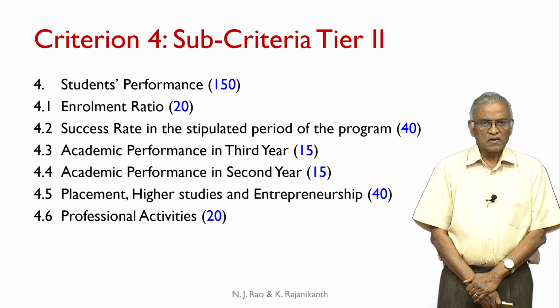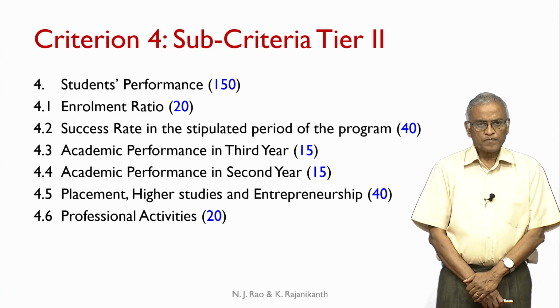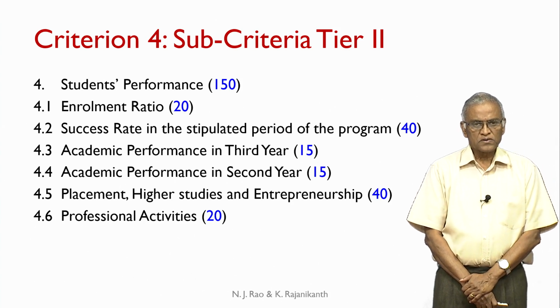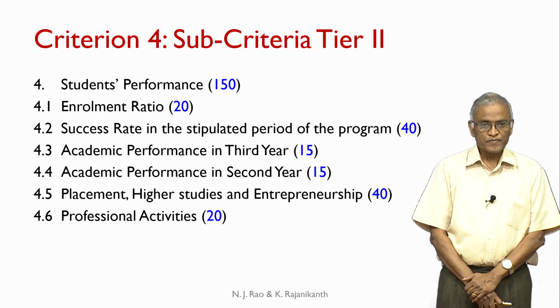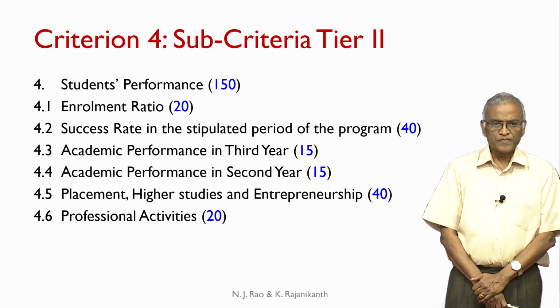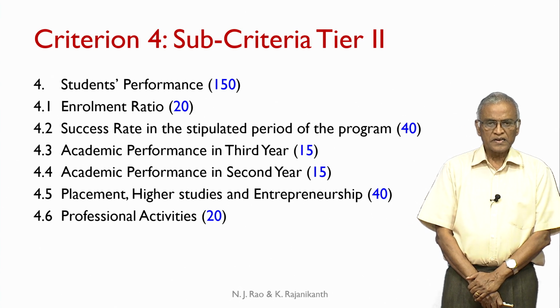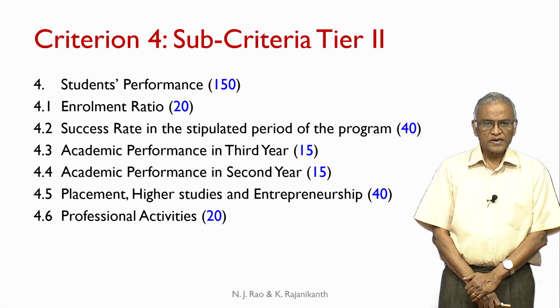The sub criteria of tier 2 of criterion 4 are 4.1, that is enrollment ratio, which carries 20 marks out of 150, and 4.2 success rate in the stipulated period of the program, that carries 40, and academic performance in third year, that carries 15, academic performance in second year, that carries 15, placement, higher education and entrepreneurship 40, and 4.6 is professional activities, that carries 20.